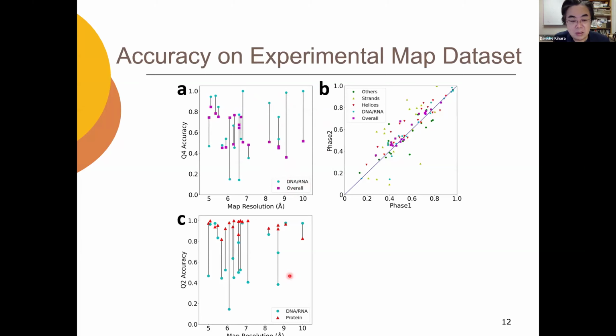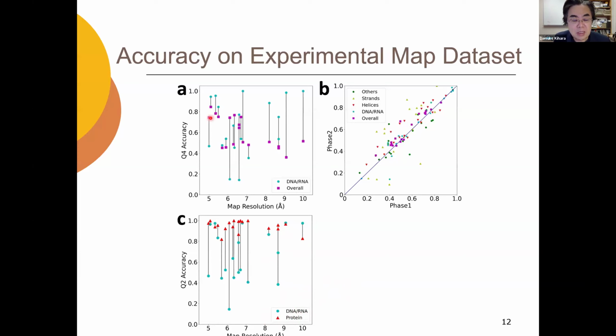C is showing the two-class classification. In C, I made the problem a little bit easier. Here, the purpose is just to distinguish protein region or DNA RNA. So it's a two-class classification.